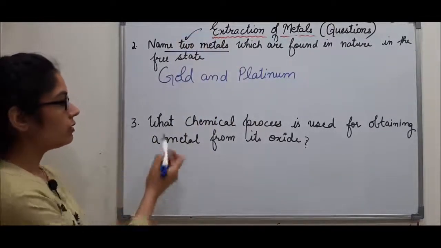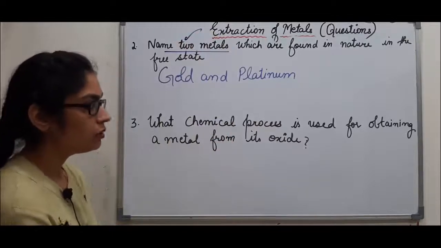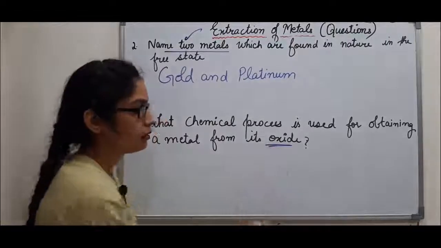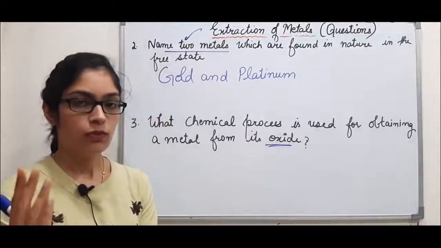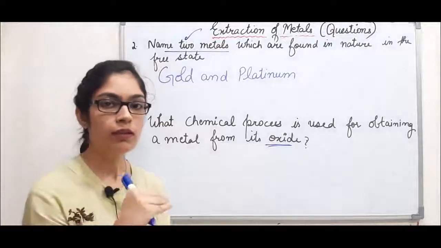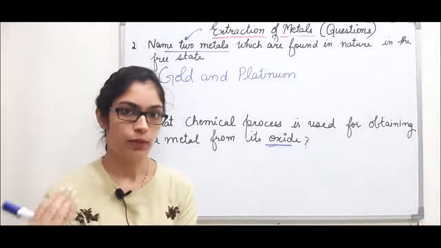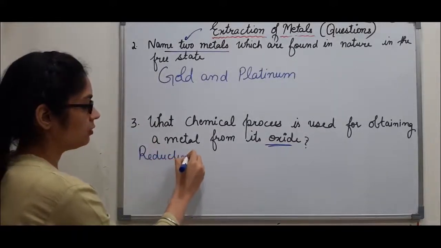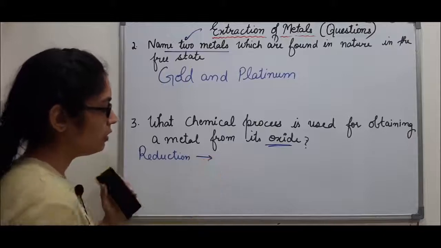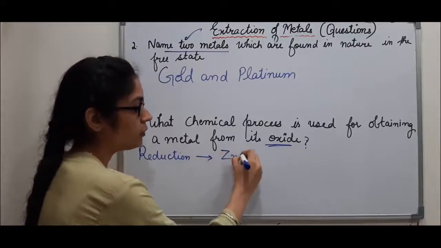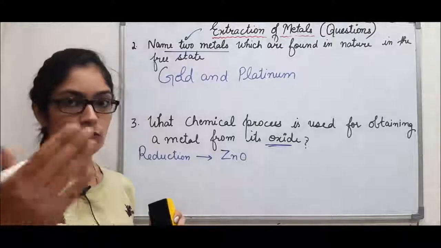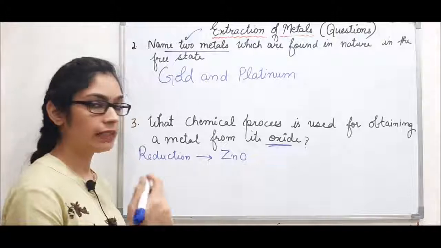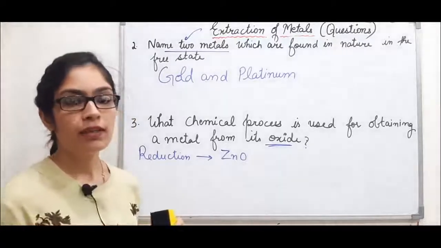The next question is: what chemical process is used for obtaining a metal from its oxide? Two processes we have done. The first one is when we are using carbon as the reducing agent, which you can mention as a reduction process or reduction reaction. We had zinc oxide, which we got after the process of roasting and calcination, while doing the metals in the middle of the reactivity series.